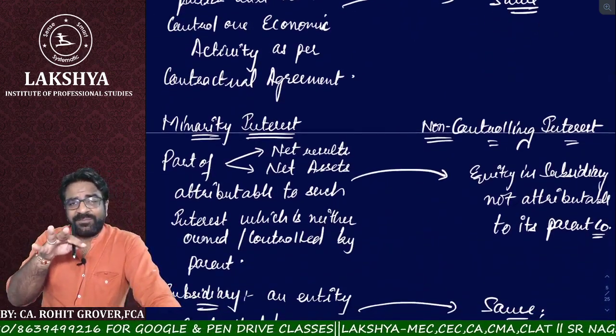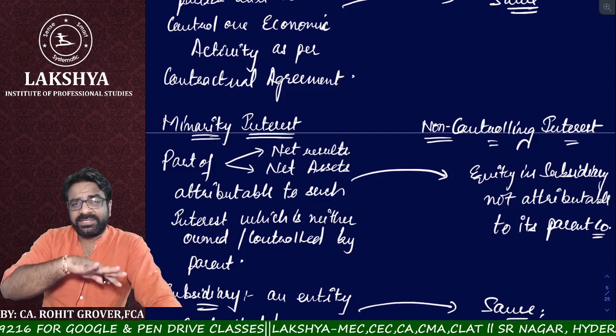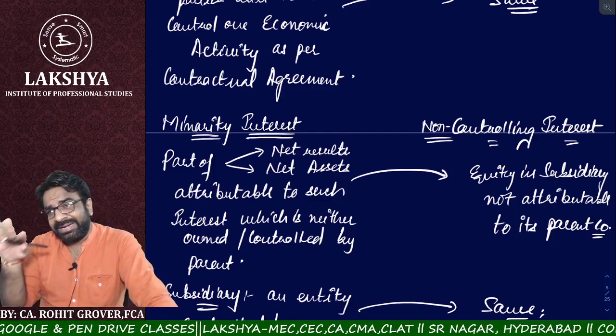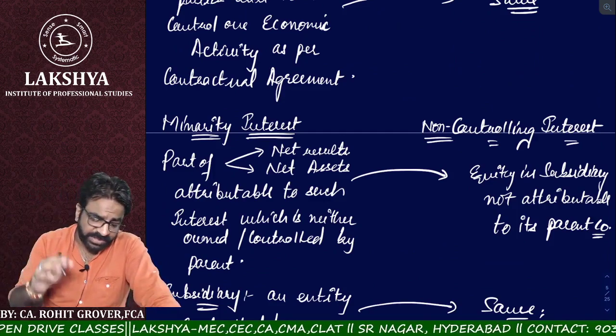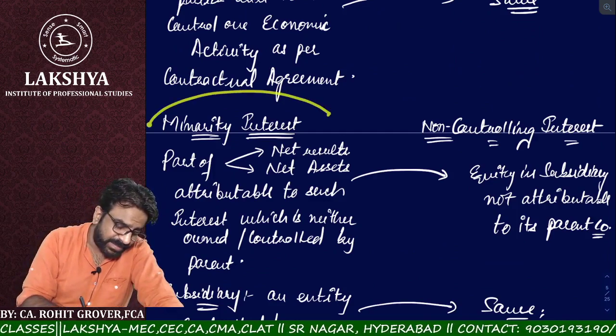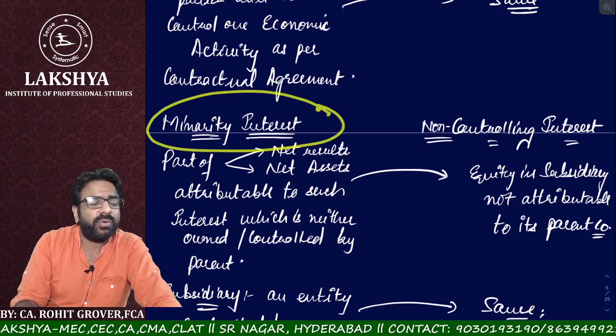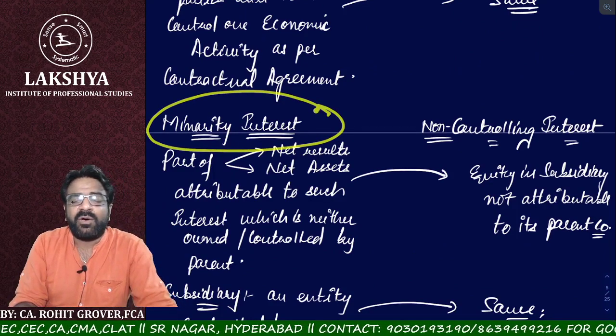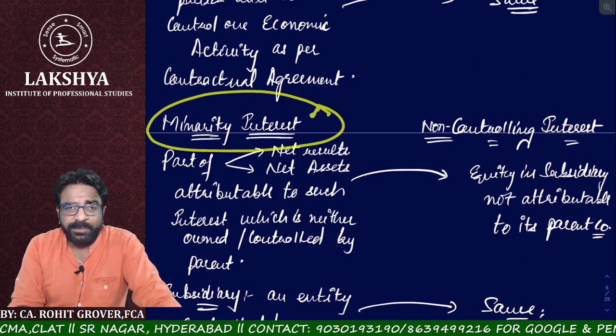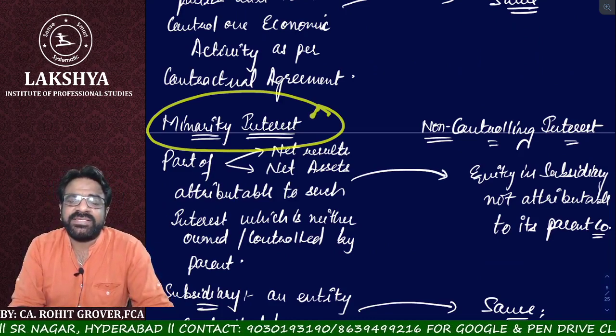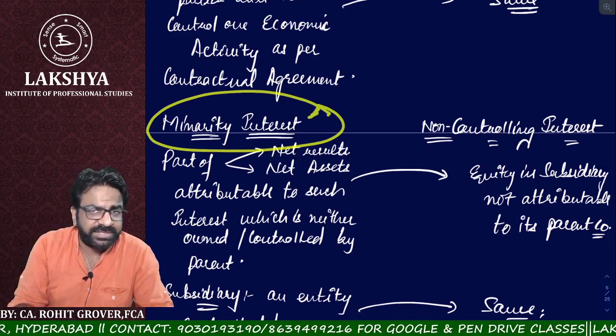Next thing, the major difference between the AS based companies and IND-AS based companies is one more major difference. In AS based companies we call non-holding members minority interest. Suppose a holding company is having 70% of the voting rights in a subsidiary.